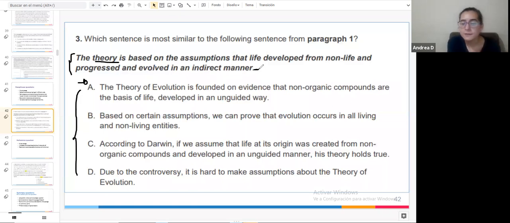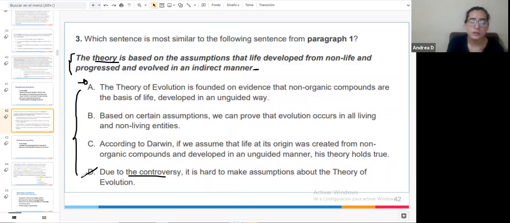Even if it's part of the paragraph, and that's the tricky part, maybe you have something like, due to the controversy, it's hard to make assumptions. We don't have anything at all about a controversy in the sentence. And even if we did have something in the paragraph, remember that you don't need to read that. So if it includes something that's not in the sentence, then it's not that one, okay?